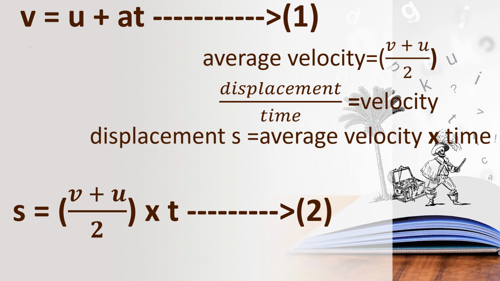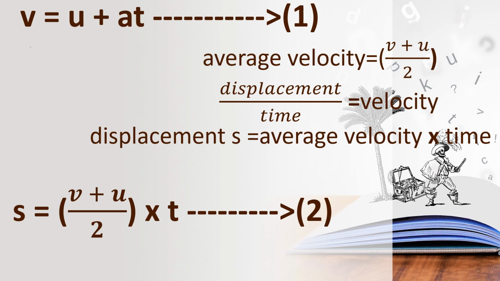So how will you find it? We are going to cross multiply. So keep the displacement on the left side and move the time to the right side. So displacement equal to velocity into time. Already we have the average velocity, so we are using that average velocity there.